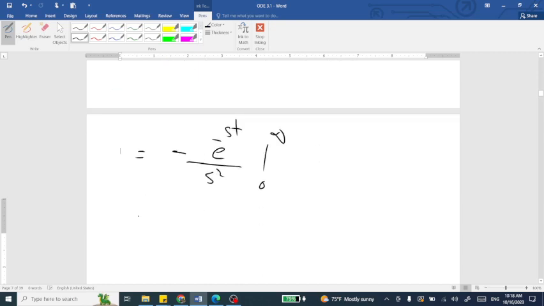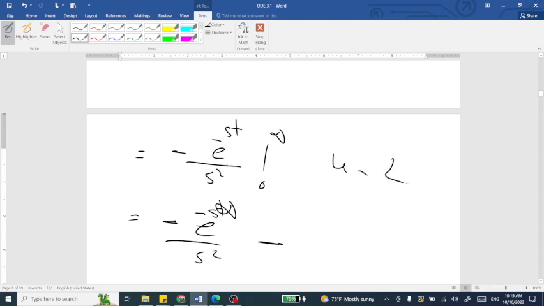So if we replace, we take the upper limit minus the lower limit.